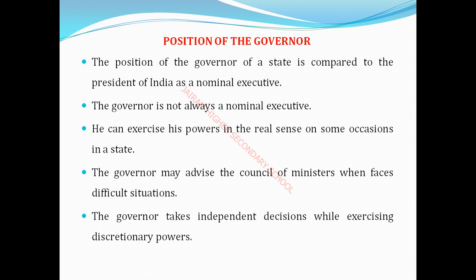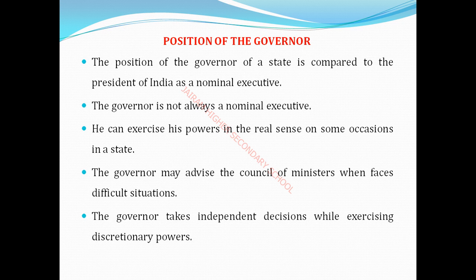At that time, the important decisions taken by the Council of Ministers and the Chief Minister were first discussed with the governor. Here the governor is taking an important role.